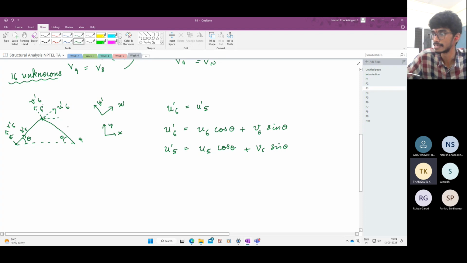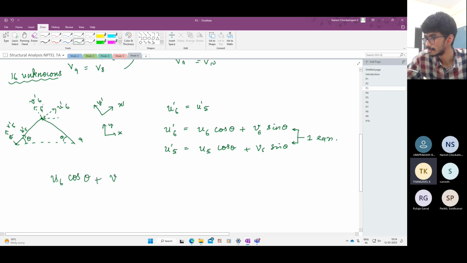Then what is the other constraint? If I say these two are equal, then I'll get one equation. One equation and 4 unknowns. Let me write it.